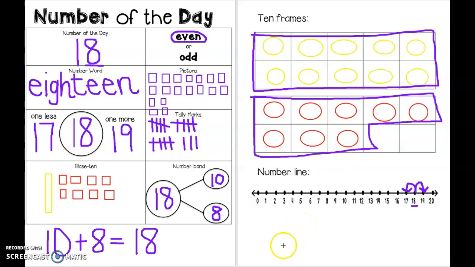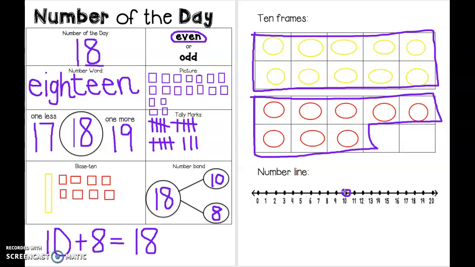I could use my 10 frame to help me. I could also use my number line to help me, couldn't I? I could start at 10 because that's how many goats Miss Tori has. 1, 2, 3, 4, 5, 6, 7, 8, 9, 10. That's how many she has. And then I want to know how many they have all together.